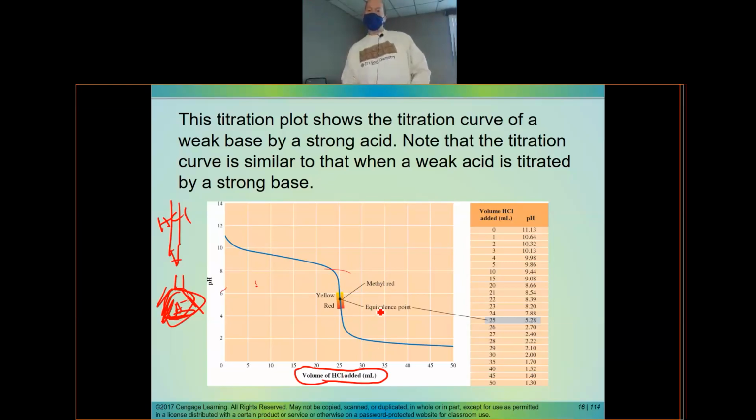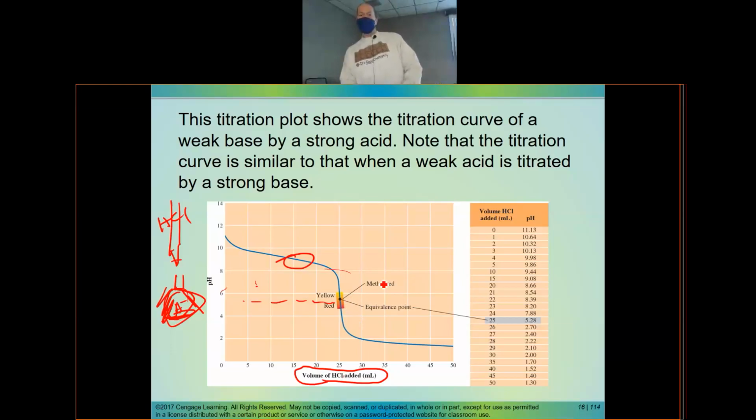All right, and this is where you cannot use phenolphthalein. Phenolphthalein would have changed colors right in this area, once it hits 8.2, it's going to go colorless, but your equivalence point isn't till you have a pH of 5 point, whatever we got, 5.6, whatever.